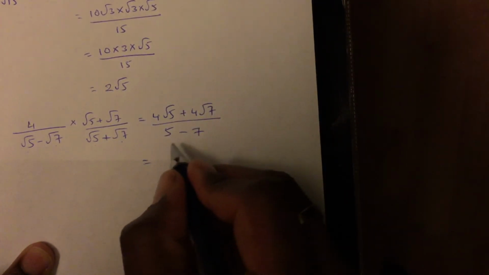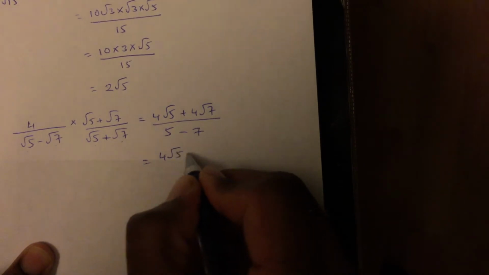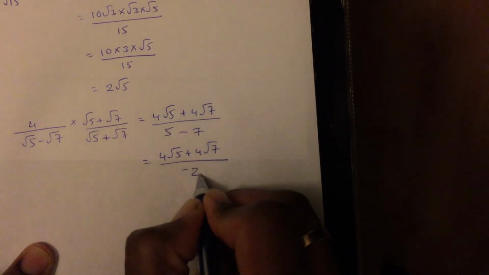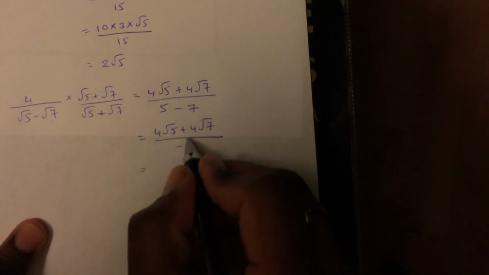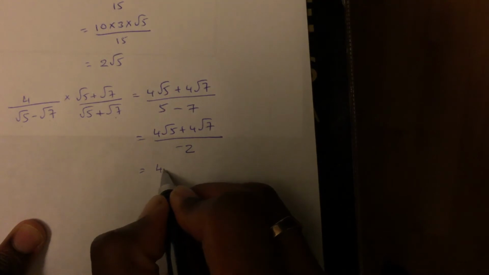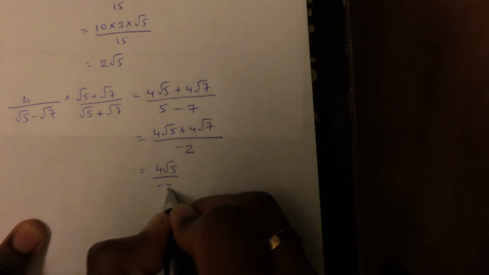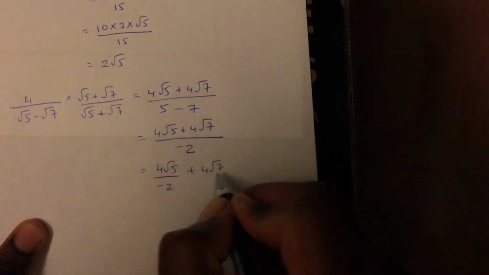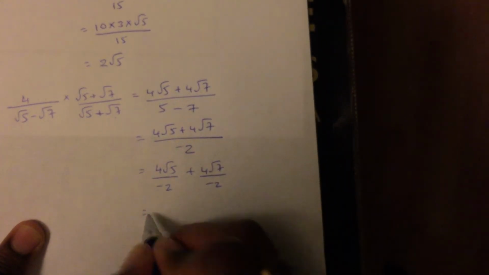So we have 4 square root of 5 plus 4 square root of 7 divided by minus 2. So this expression can be written as 4 square root of 5 divided by minus 2 plus 4 square root of 7 divided by minus 2.